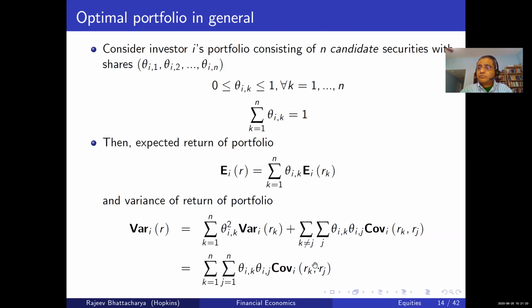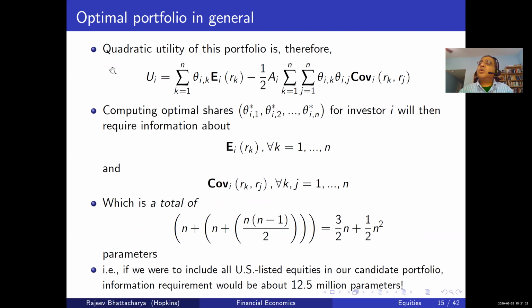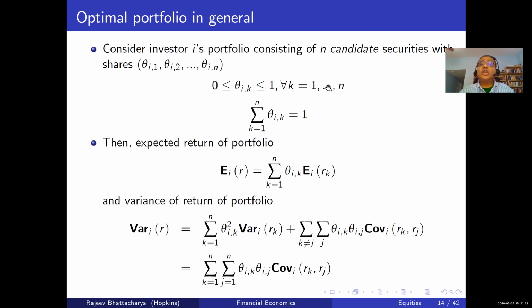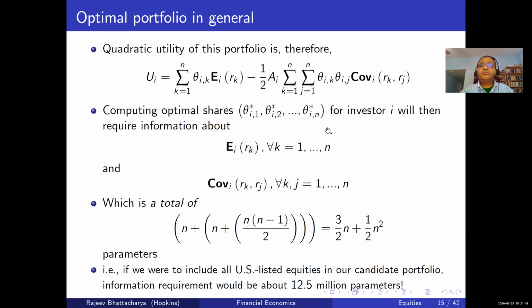Okay, so what is the quadratic utility then? Remember, it is equal to the expected return minus half times A i times the variance. So this entire portfolio, which consists of n candidate securities with theta i1 going to candidate security 1, theta i2 going to candidate security 2, and so on, with the proportions lying between 0 and 1 and adding up to 1, this is the quadratic utility.